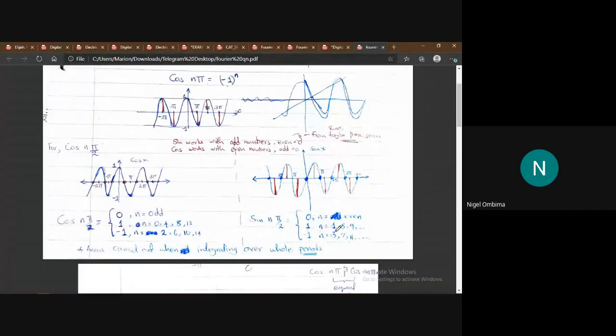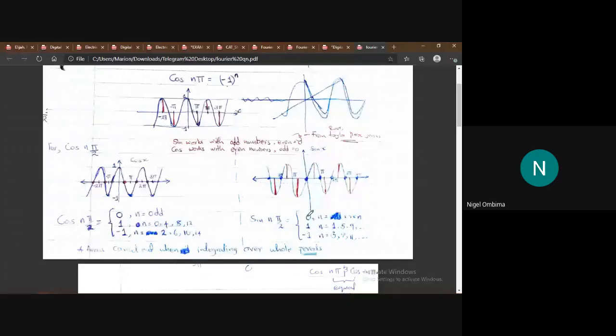So it gives 1 when n is equal to 1, 5, 9, there's a difference of 4 in between. The next value will be 13, then 17, then continuing. It gives negative 1 when n is 3, 7, 11, there's a difference of 4, the next one will be 15, the next one 19. This is supposed to be a negative.